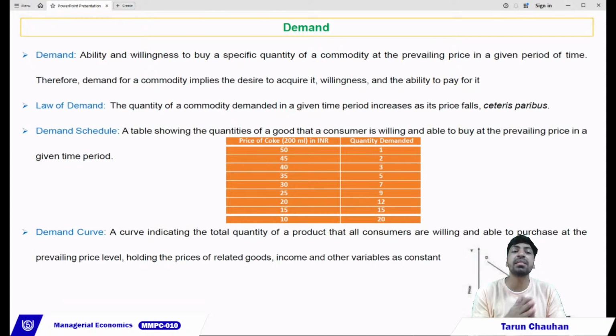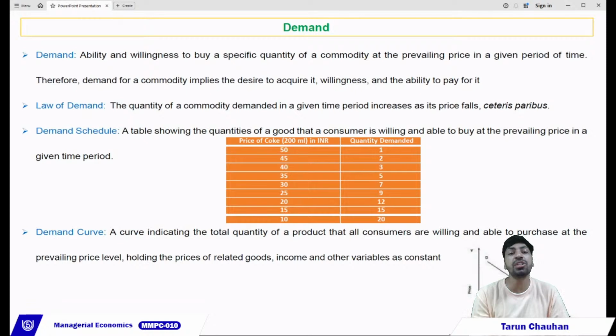The person has a natural desire to buy a product. Second condition, the consumer has a willingness to pay. The third condition, the consumer has an ability to pay a specified price to buy that product. If these three conditions are fulfilled, then it's called demand.